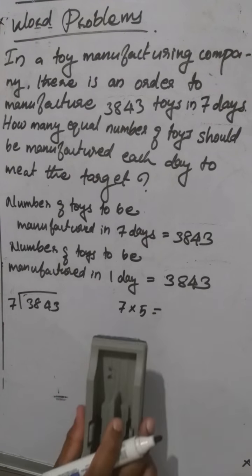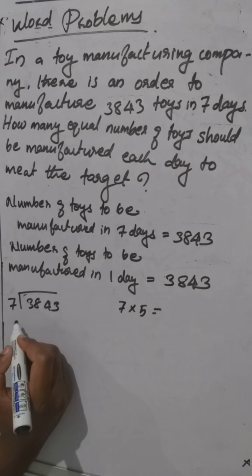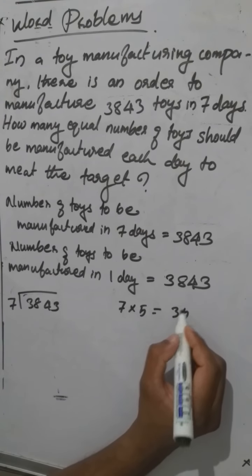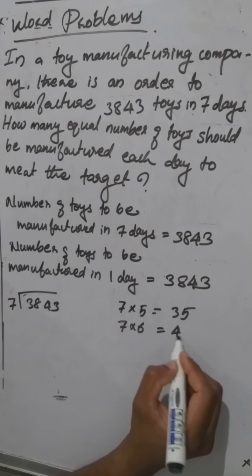Okay, now we have to divide. Find how many 7s are there in 38. 7 fives are 35. 7 sixes are 42.